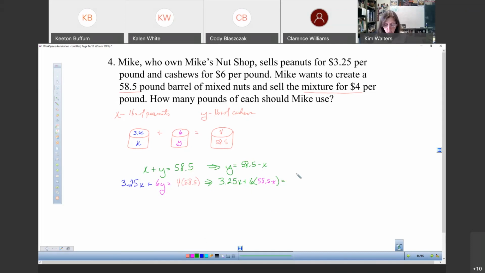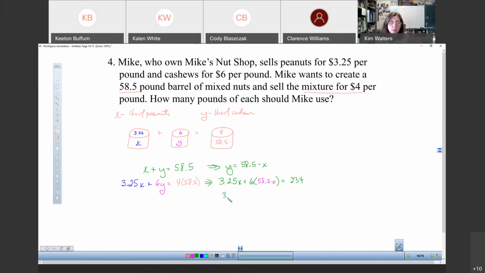So 58.5 times 4 is going to give me 234. And so now I'm just going to clean this up and solve this. It's very similar to the ones we did before. We're just using now a system of equations to solve this.